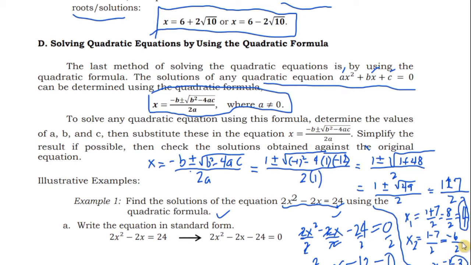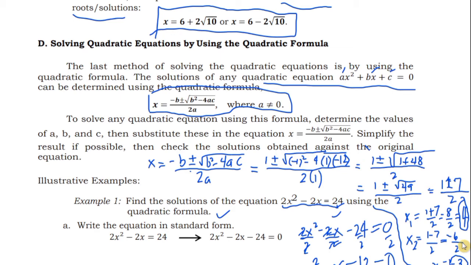As we check this one, we replace the value of x with 4 in 2x squared minus 2x is equal to 24. So 2 times the square of 4 minus 2 times 4 is equal to 24. The square of 4 is 16, times 2 is 32.